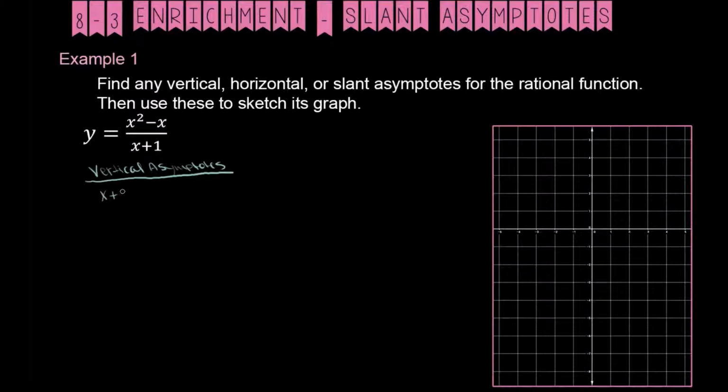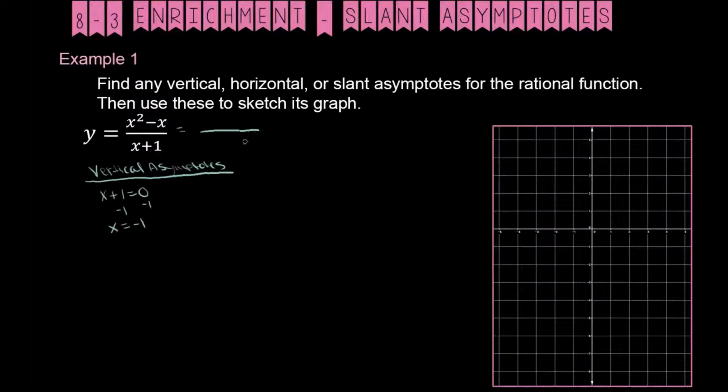So we want to know where x plus 1 is equal to 0. I can subtract 1 from both sides, and I see that if x is -1, our denominator will be 0. And of course we want to make sure that this is indeed a vertical asymptote and not a hole.